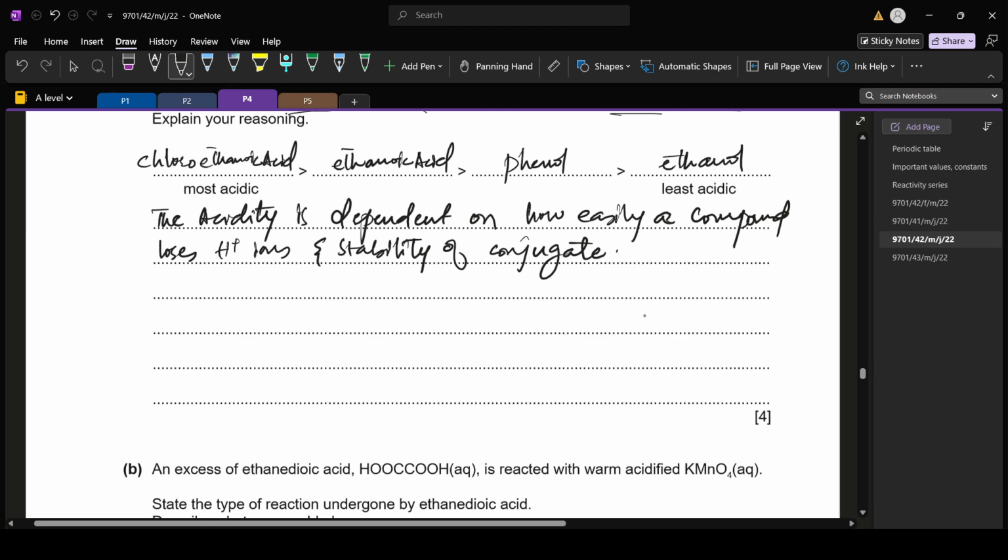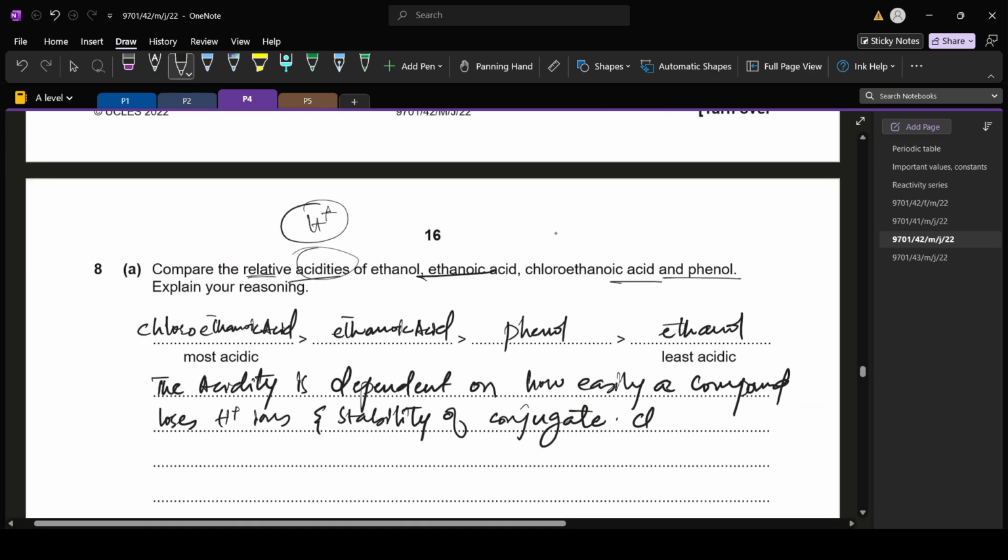Okay, so the chloroethanoic acid has a structure of Cl CH2 C double bond O OH. This is the structure of chloroethanoic acid.